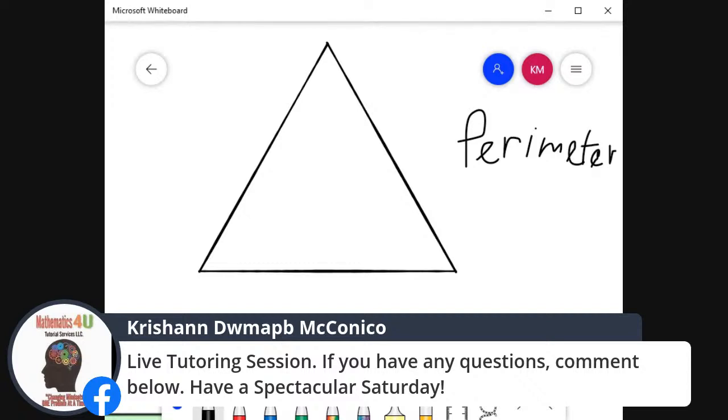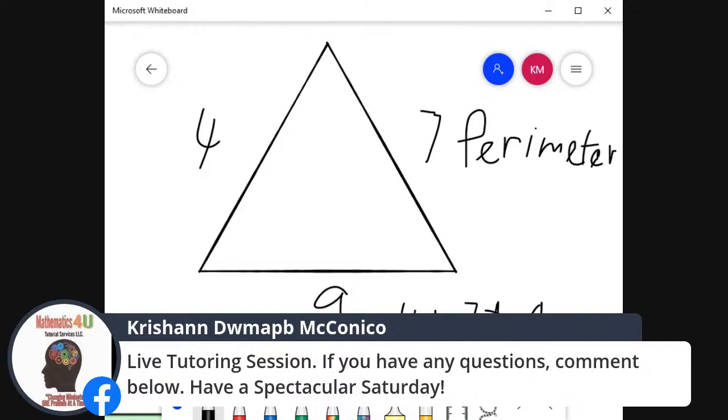So say for instance, I have side lengths of 4, 7, and 9. Perimeter says I add all of those sides together. So 4 plus 7 plus 9. 4 plus 7 gives me 11, plus 9 gives me 20.